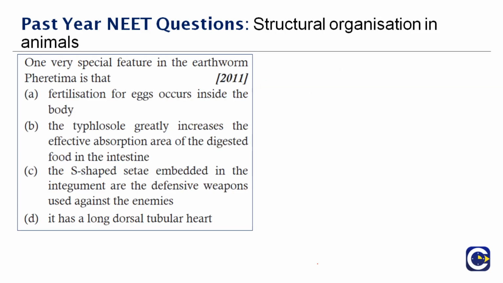One very special feature in the earthworm. Okay, what is that? This question was asked in the year 2011. See, the intestine of the earthworm has a peculiar fold. What do you call it? It is a fold of tissue that forms a pocket in the intestine that is visible when viewing a cross section.